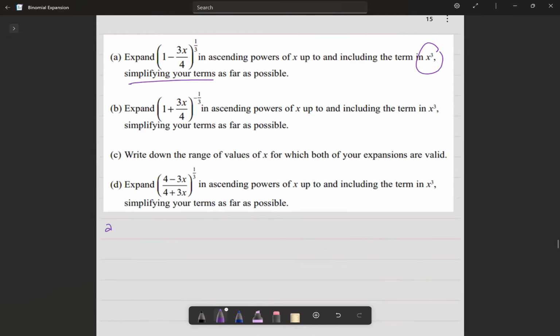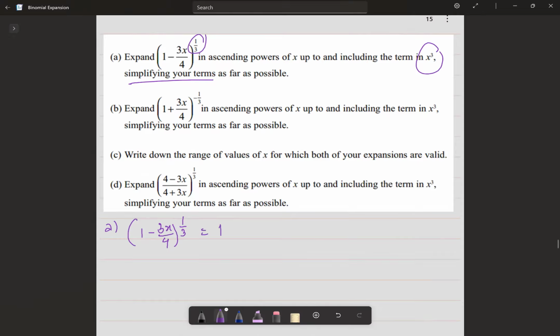In the first case, we are asked to expand (1 minus 3x by 4) to the power of 1 by 3. 1 by 3 is an indicator that we need to use the factorial formula. And in order to use the factorial formula, our first term must be 1, which we already have in here. So we can start with the expansion right away.